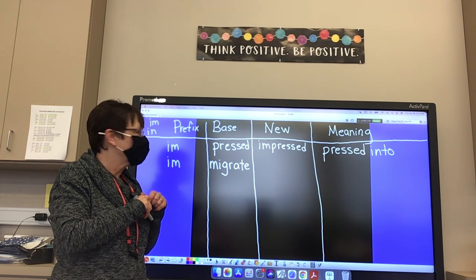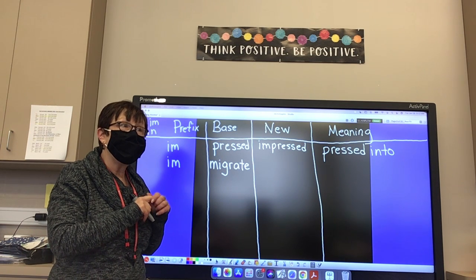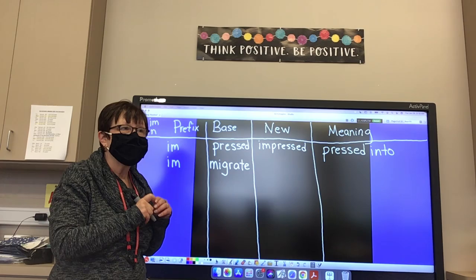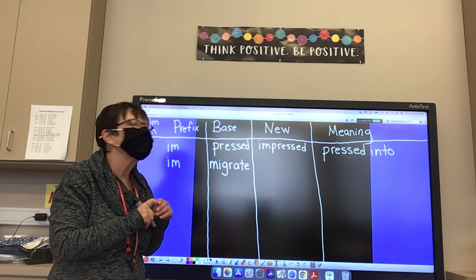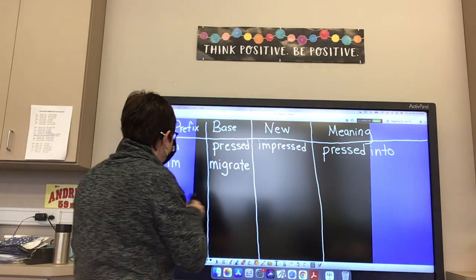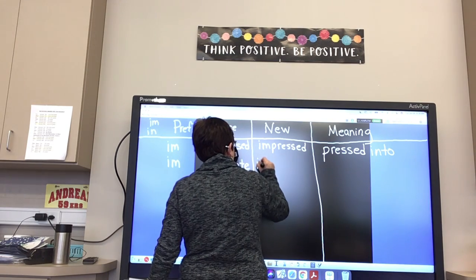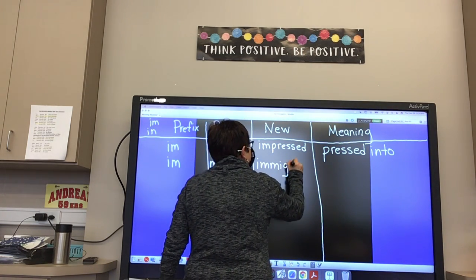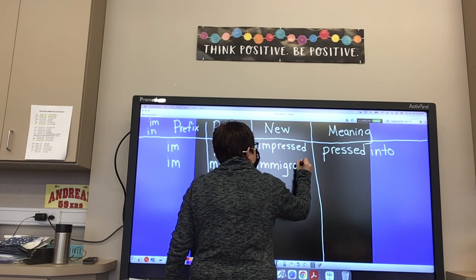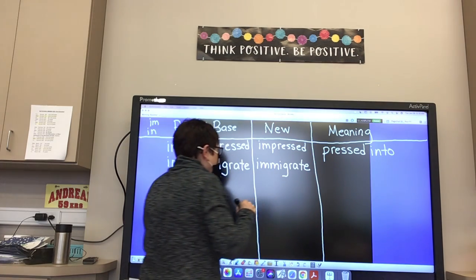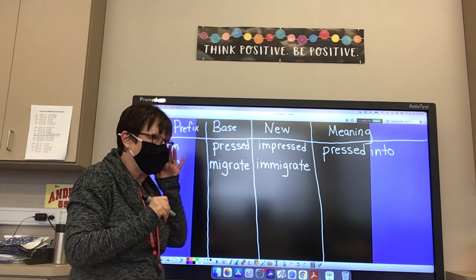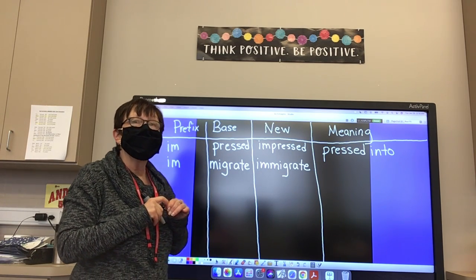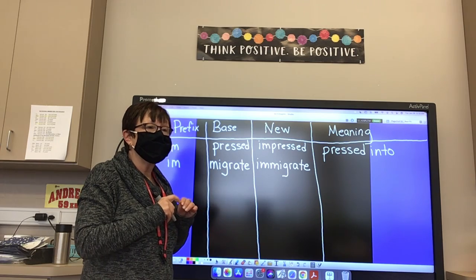What's our new word? Immigrate. Do you know how we say that word? Immigrate. You're close. Libby, can you help them? Immigrate. We've had that word a bunch of times lately. It keeps coming up. And so what does that mean, Ethan?